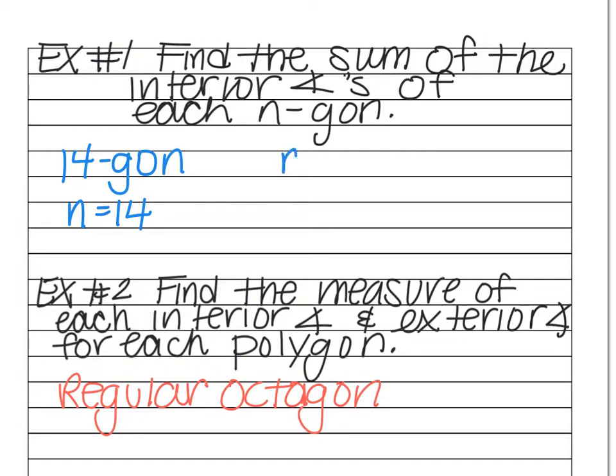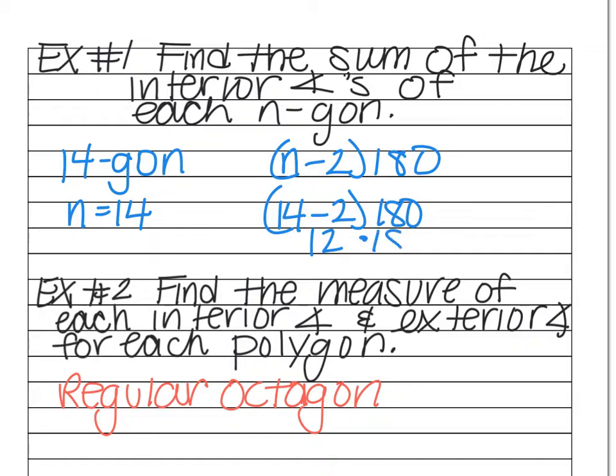If you remember, it's n minus 2 times 180, and that would give the sum of the interior angles. So I'm going to have 14 minus 2 times 180, which is 12 times 180, which is 2,160 degrees.